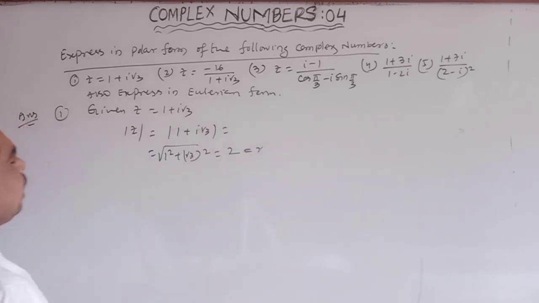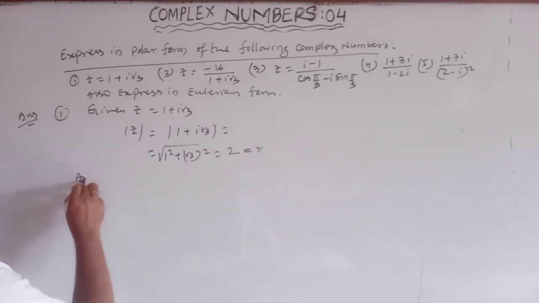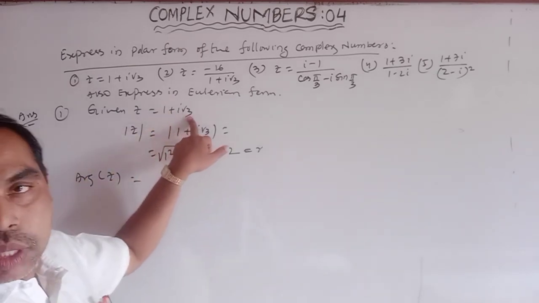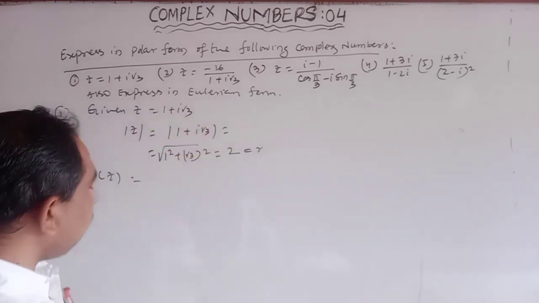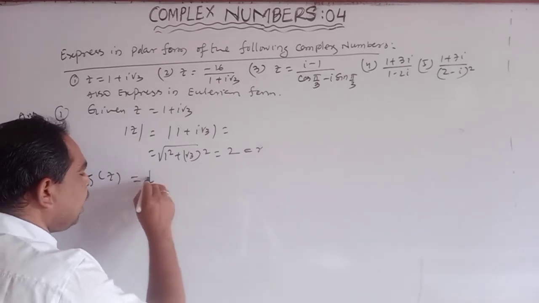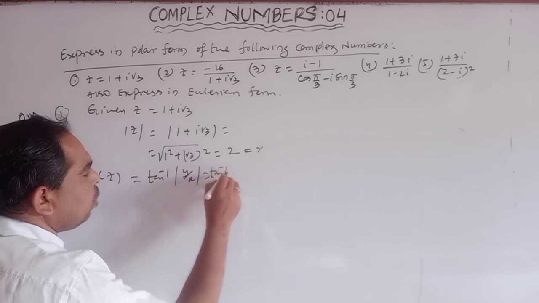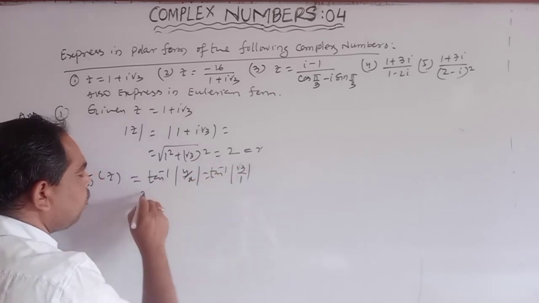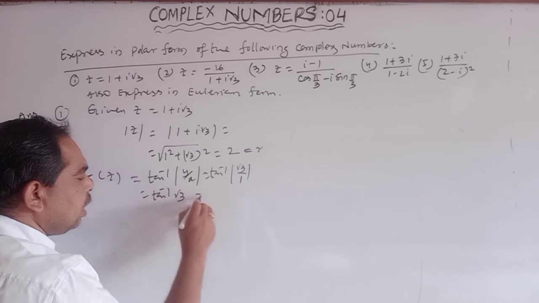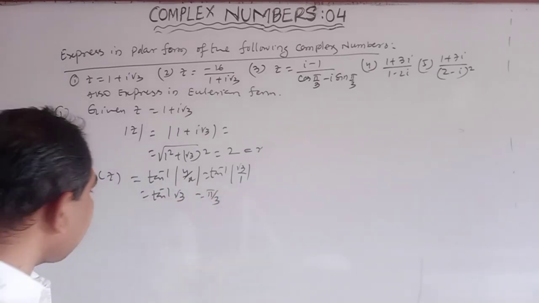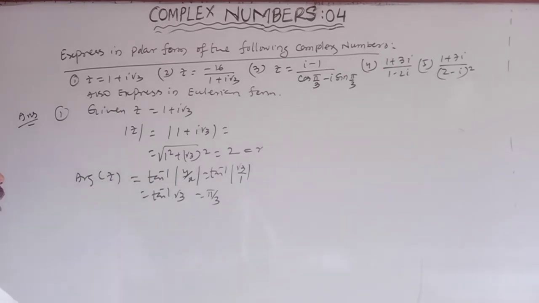Next, arg of z. Here x is 1, y is root 3, both are positive, so z lies in the first quadrant. So theta, the argument of z, is equal to tan inverse of mod y by x, tan inverse of root 3 by 1, which is tan inverse root 3, equal to pi by 3, that is 60 degrees.